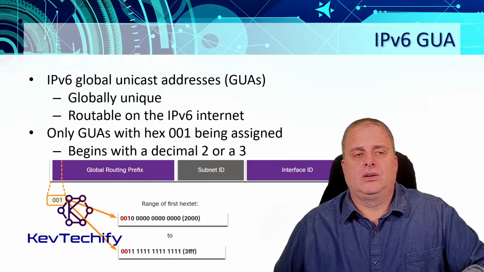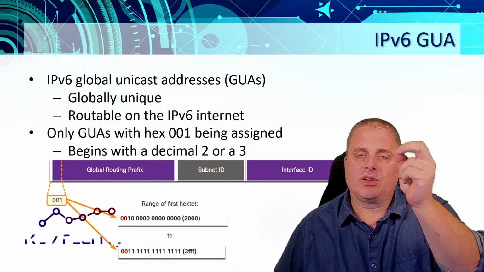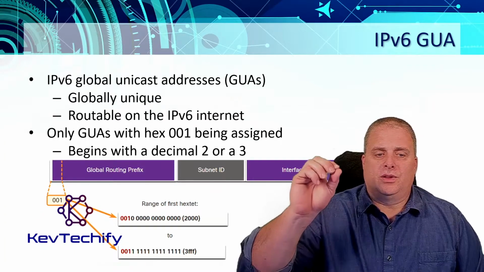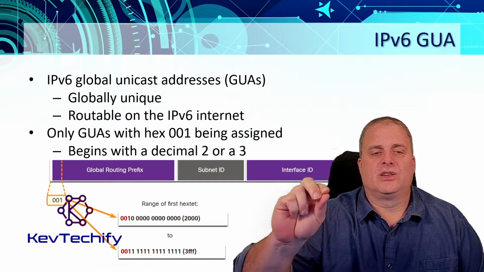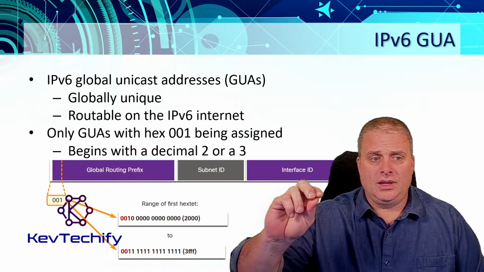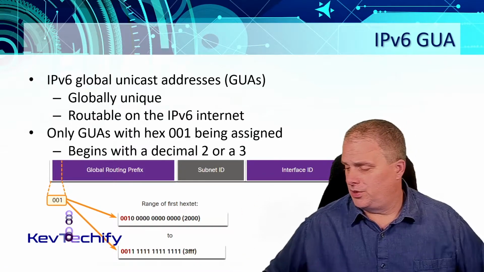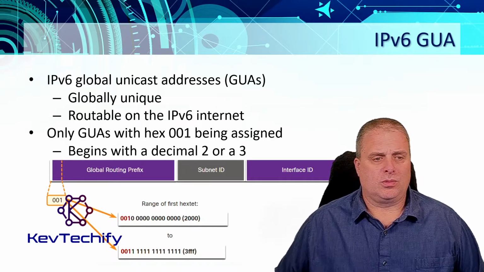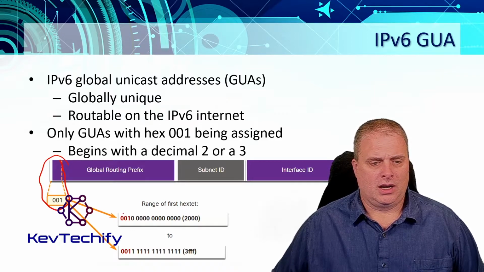Currently, right now, only the global unicast addresses that start with a hexadecimal of 001 are being assigned. If you look at it, the first hextet is 001. If you translate that into decimal, that's starting with a 2 or 3. Down here, you can see that for our global routing prefix, we started with 001.